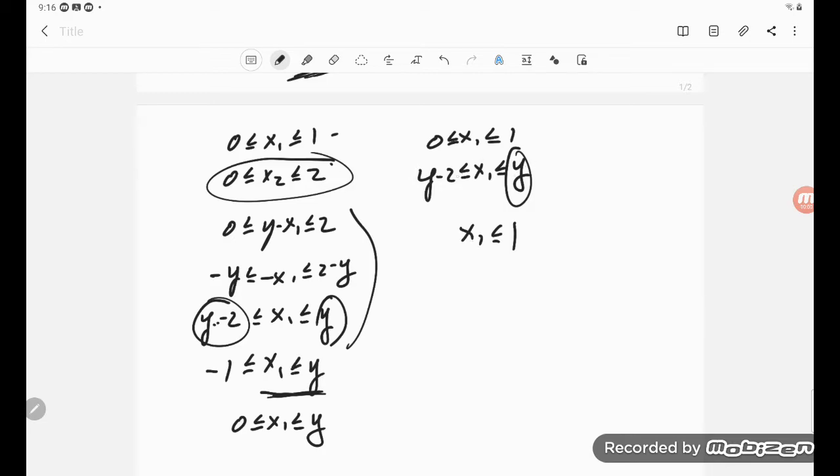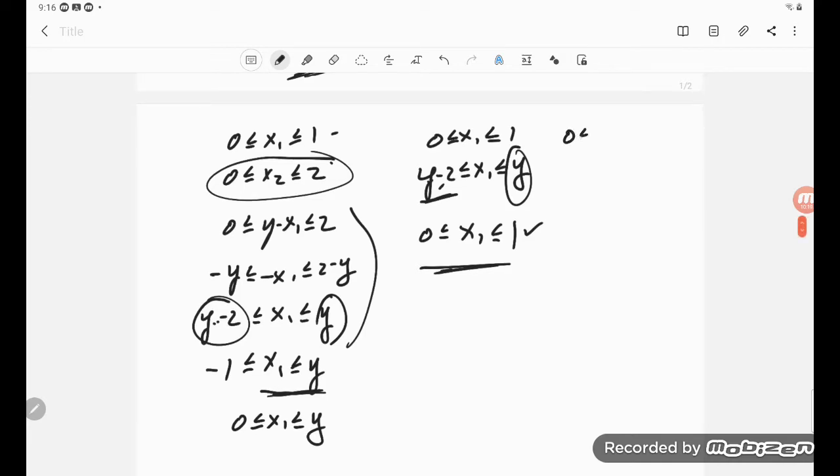And then here, between 1 and 2, the biggest this can be is 0. And that's all fine. So we will have that for our x1 bounds. And then similarly, 0 less than or equal to x1 less than or equal to 1, y minus 2 less than or equal to x1 less than or equal to y.